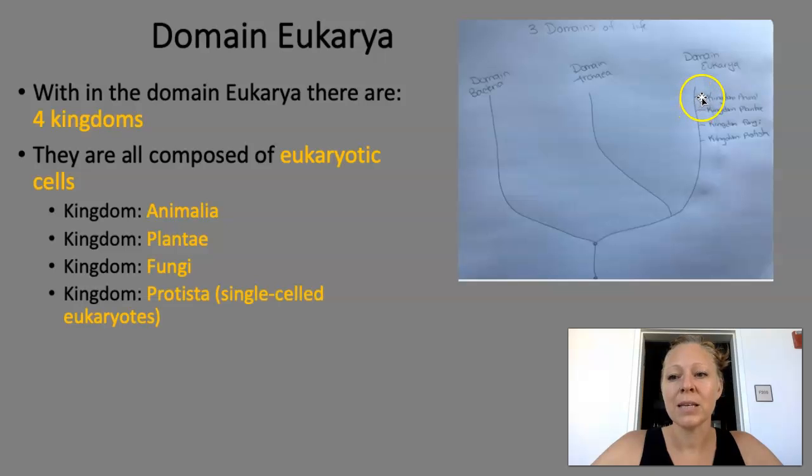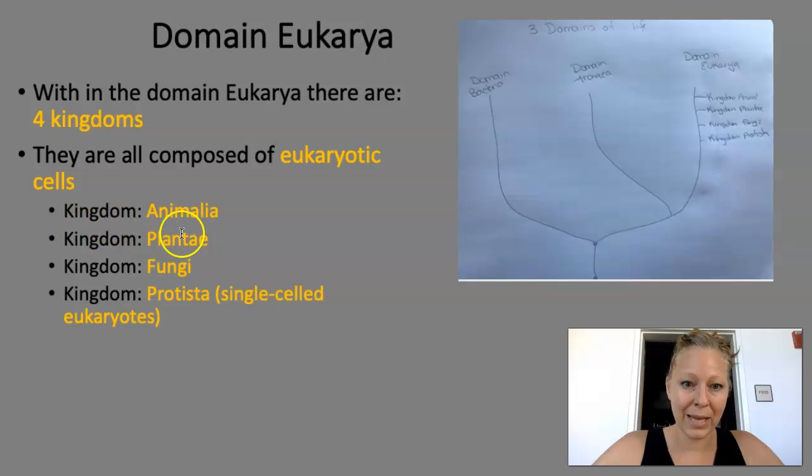There is kingdom Animalia. That's where we exist. We're animals, and we are in domain Eukarya. We are composed of eukaryotic cells, but we share characteristics with other animals that put us into this kingdom, this category.